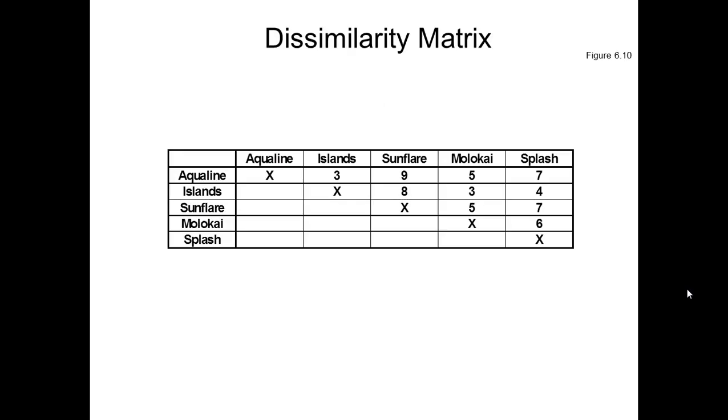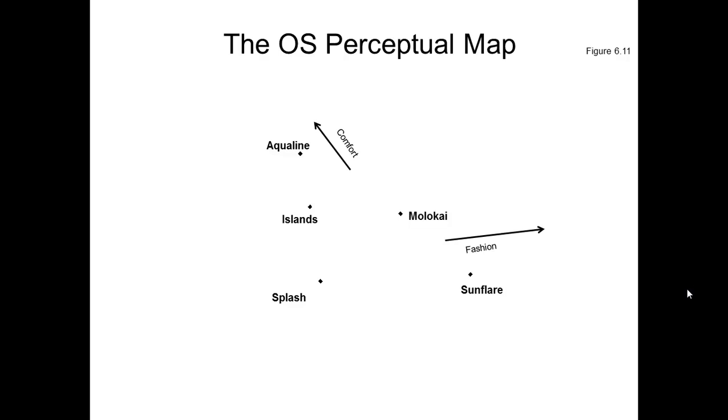Now they're going by dissimilarity matrix. So things that are not the same, and they're comparing 4 different, I think these are bathing suits, so they're comparing those and rating them. Okay, OS stands for overall similarity, and they're looking at comfort versus fashion, and they're just plotting it on a chart.